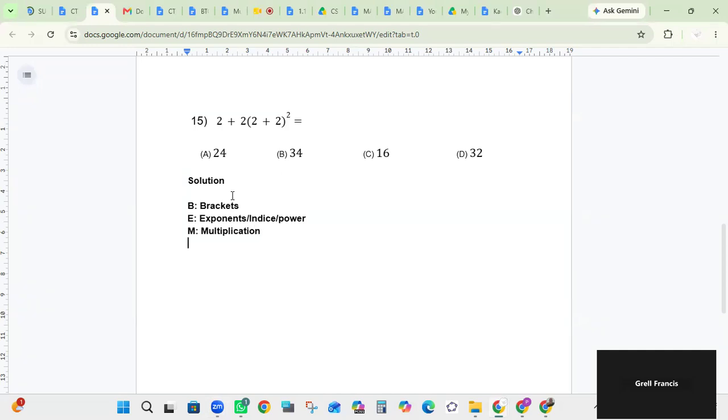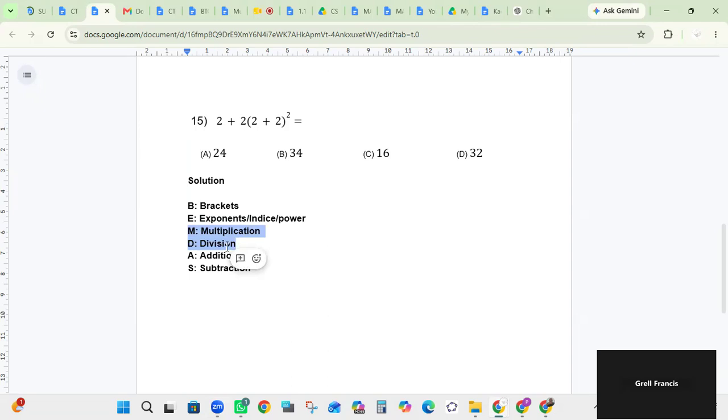I know we commonly know it as BODMAS, right? Yes. But I rather say BEMDAS for the E for exponents. Exponents is the power. D, you do your division. A for addition. And S for subtraction. But you must also be aware that multiplication and division can go hand in hand.